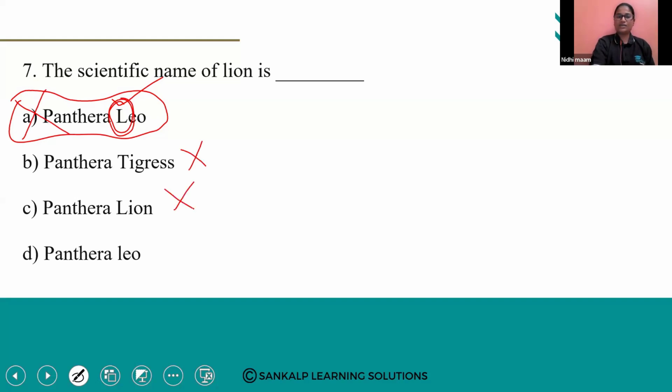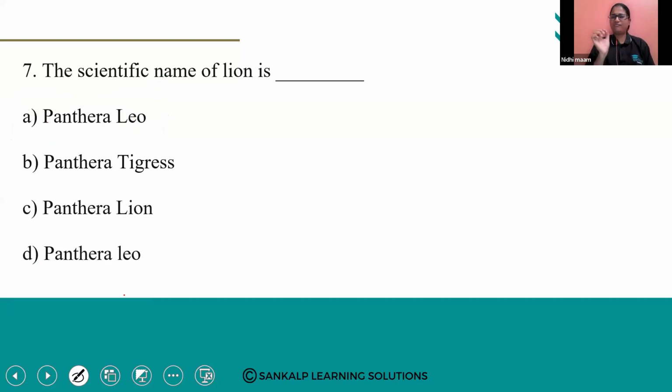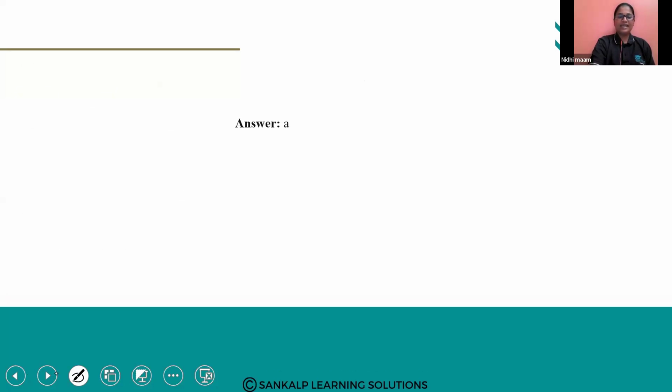Panthera lion is not correct because this is a common name. In Panthera leo, the genus name starts with uppercase and the species name starts with lowercase. So option D, Panthera leo, is the right answer. Only a few of you confused it. Please go through the options correctly, observe, and then answer.